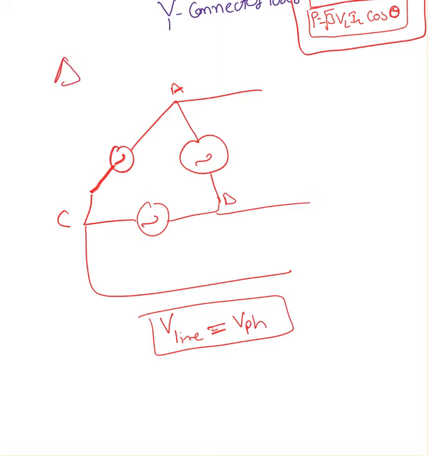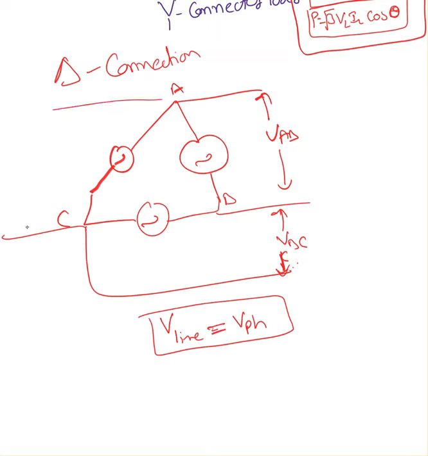Okay, this is a delta connection. It doesn't matter whether it is source or load. So VAB is a line voltage, same as VBC and VCA. So magnitude of V line equals VPH.